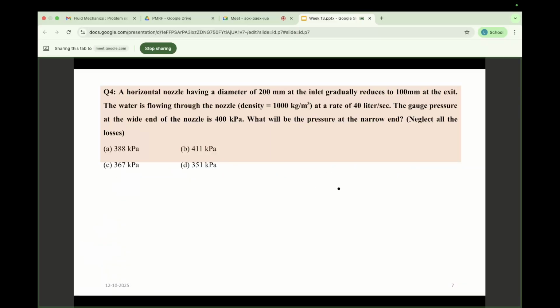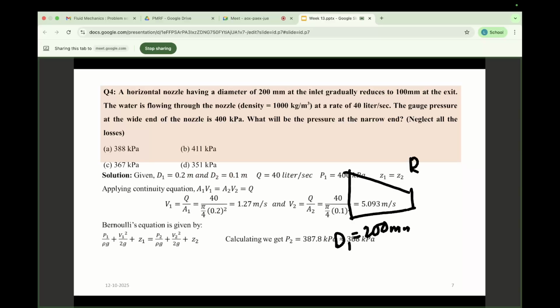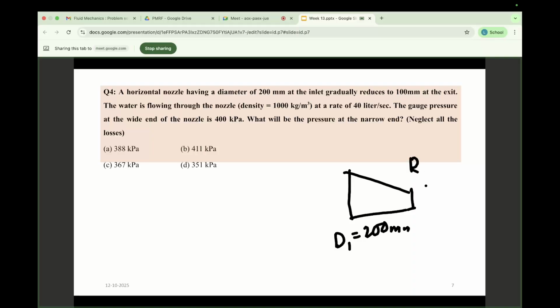A nozzle whose initial diameter is larger and after that it reduces. Say here the diameter D1 is given as 200 mm, and D2 is given as 100 mm.